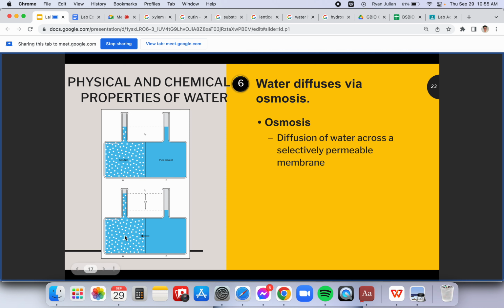It's because of the fact that they are not permeable to pure solvent. Sinasabi po dito na selectively permeable, and that is one of the reasons why these molecules were not able to penetrate through the pure solvent, or the right portion of this image that you are seeing right now.